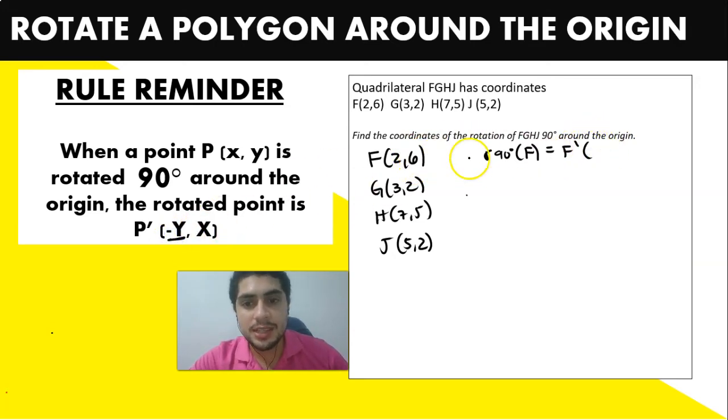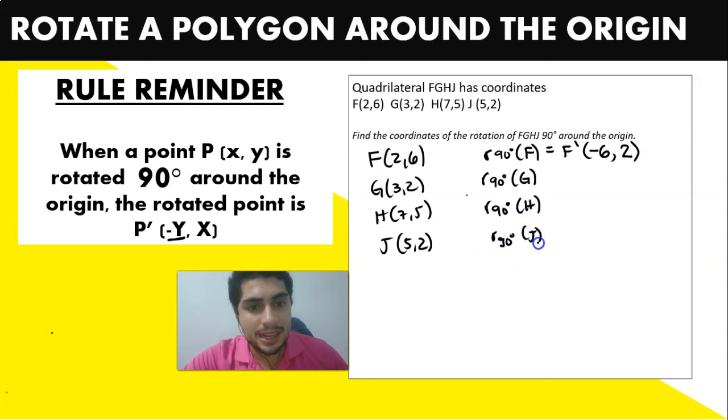So y was 6, so now it's going to be minus 6, comma, and then the value of x is going to be our new position for y. So it's going to be minus 6, 2. And we're going to do exactly the same thing with every single one of the other points in the polygon, right? All the vertices in the polygon, we're going to do exactly that.